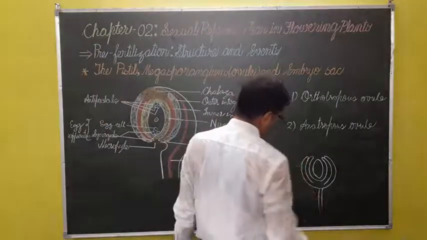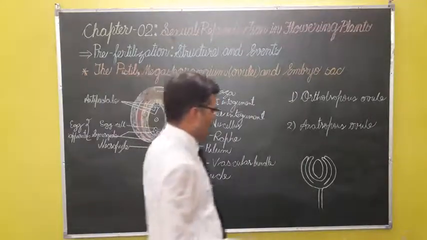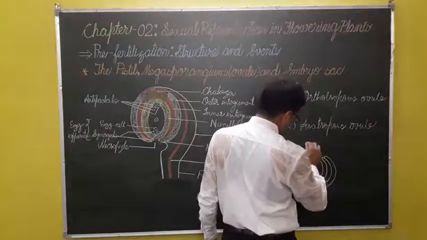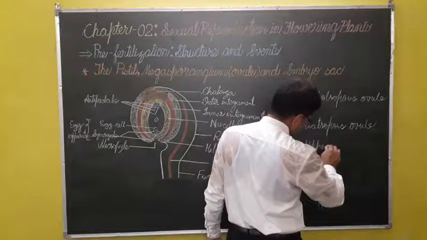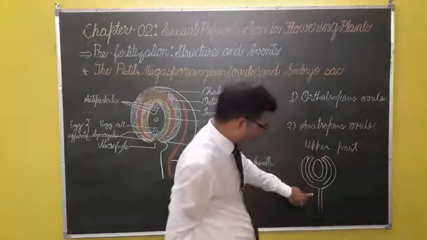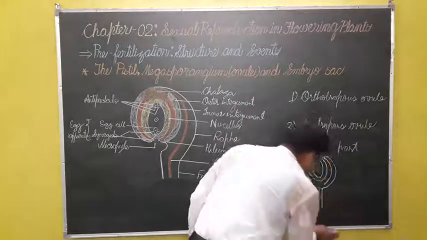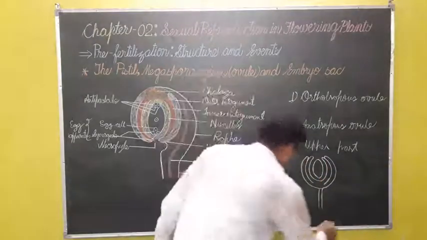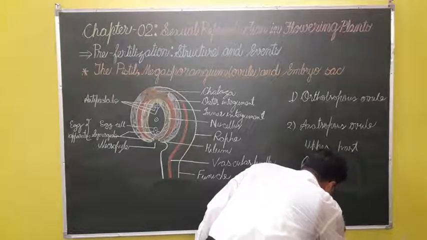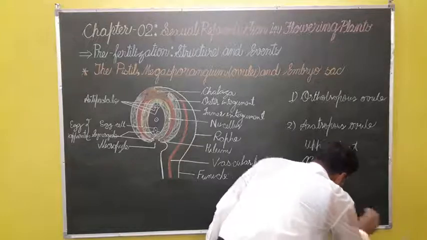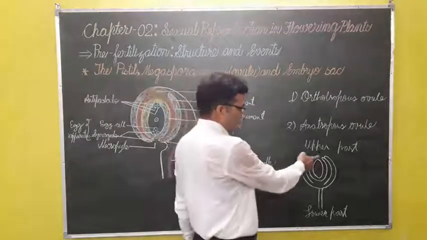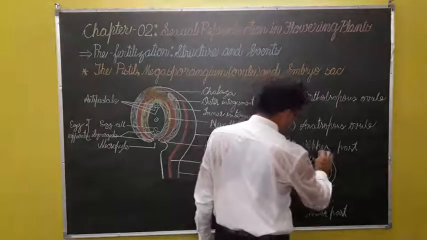Now in this ovule, what are we observing? This part of the ovule is called the upper part. And obviously this will be the lower part, to which the funicle is attached. Now students, what you will have to understand here is that the upper part always shows the micropyle.